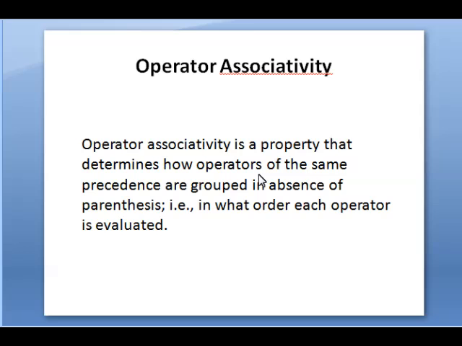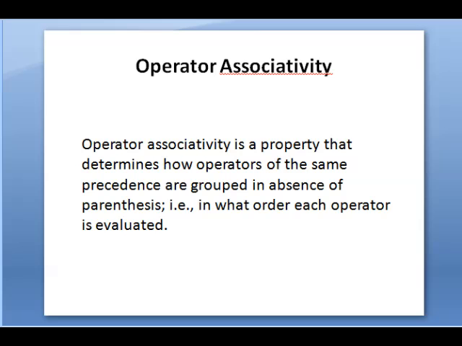So here we have to follow some rules in the absence of parentheses. Now we are going to see how we have to group the variables and how we have to evaluate the given expressions in the absence of parentheses.